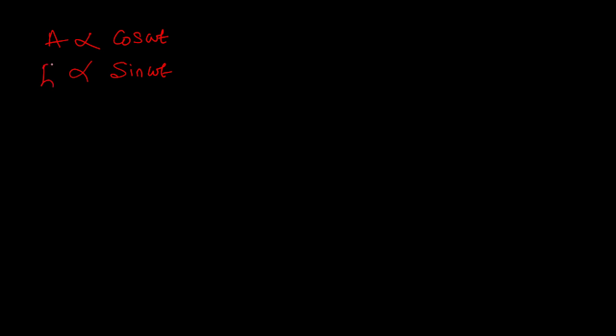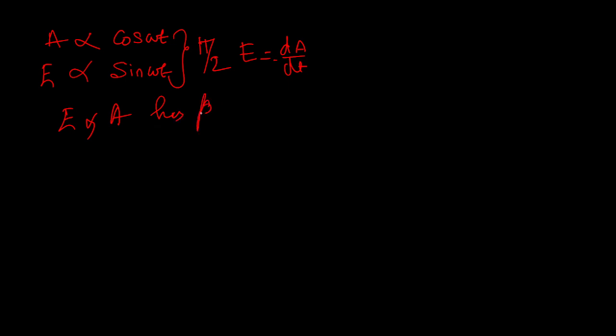The time derivative is nothing but the electric field, with a minus sign. Therefore these two have a phase difference of pi by 2. So electric field and A have a phase difference. Now, that is not our case.